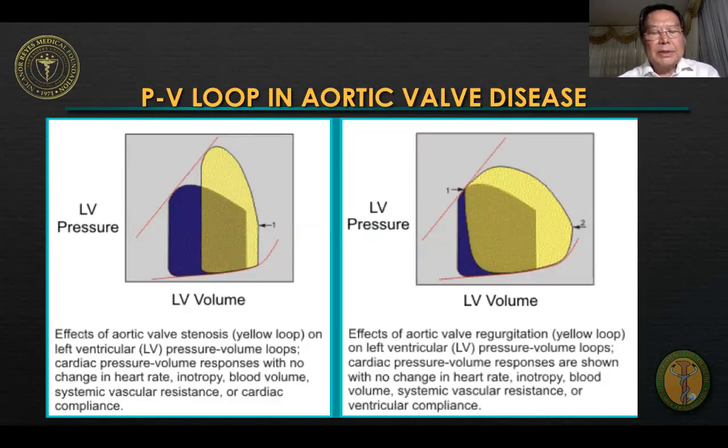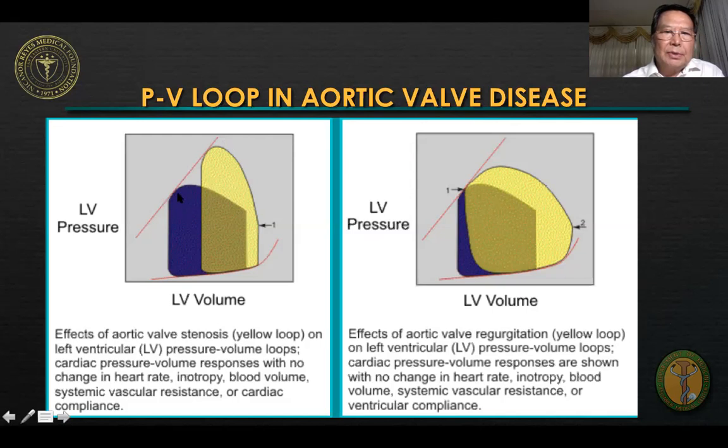What happens in aortic stenosis is, since you have an outflow tract, meaning the aortic valve, that is narrow, then the left ventricle has to generate a great intracavitary pressure to overcome that obstruction, to come up with more or less a close to normal stroke volume or ejection fraction. So what is characteristic of patients with aortic stenosis is your peak systolic pressure.